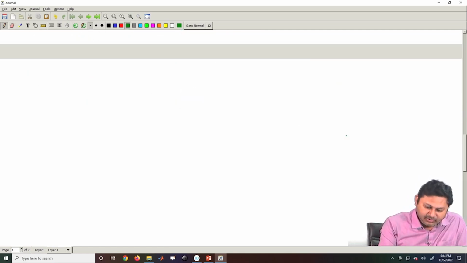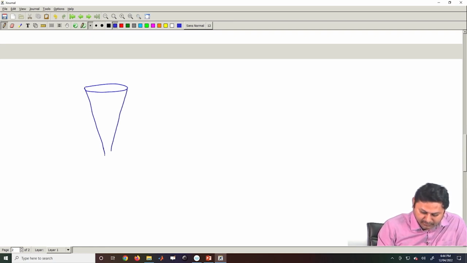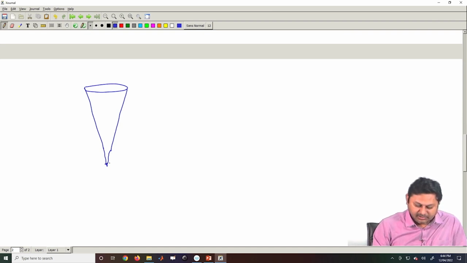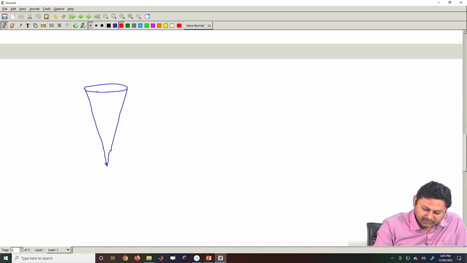In a similar way, if I do the same problem for a surface, suppose I have a surface here, and this is the area, and this is ds.